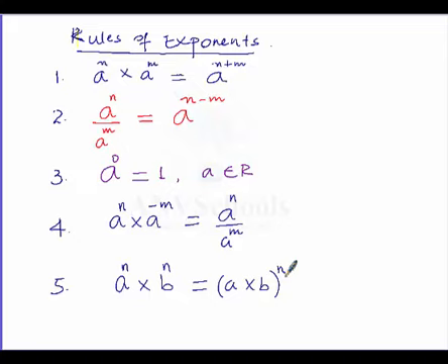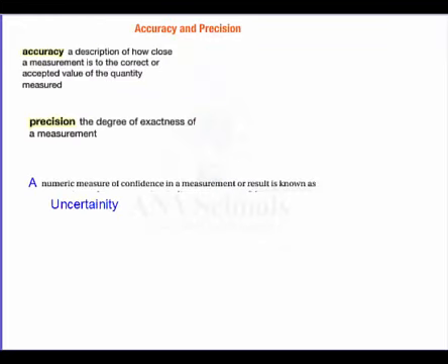Now let's move to the next part, that is accuracy and precision. What is the meaning of accuracy and what is the meaning of precision? Scientists, when they are making an experiment, may deviate from the exact value, or they may come close to the exact value. The way they are very close to the exact value is called accuracy.